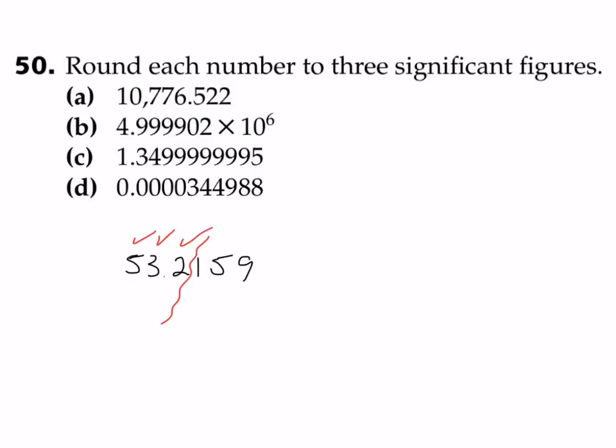I'm going to take those first 3. So I truncate it there after the tenths. And so since that's a 1, what am I going to do with the 2? Am I going to leave it or round it up? Just leave it, yep. Exactly. So I would rewrite this with 3 significant figures as 53.2. Okay? So that's your whole numbers thing.